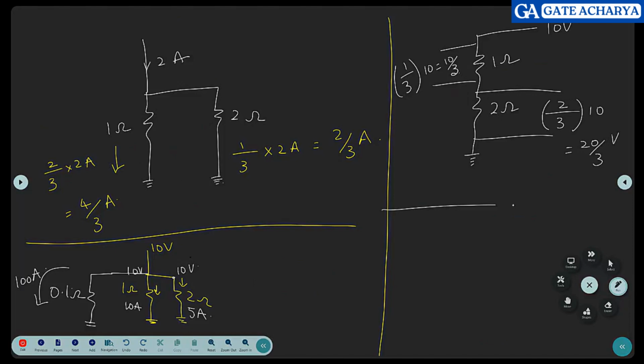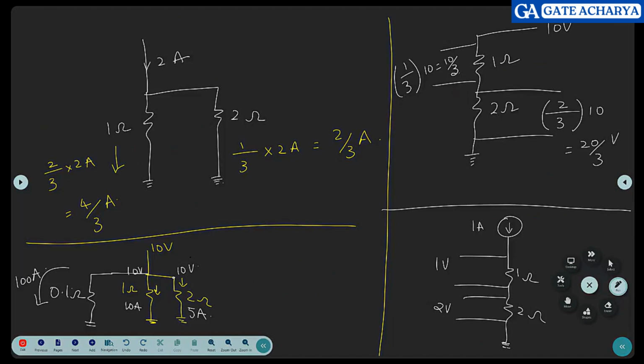All right. How about the current case? I give a constant current source. What is the voltage here? On what basis did you decide?